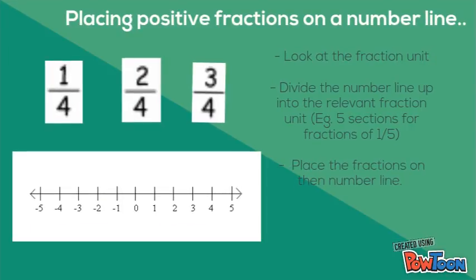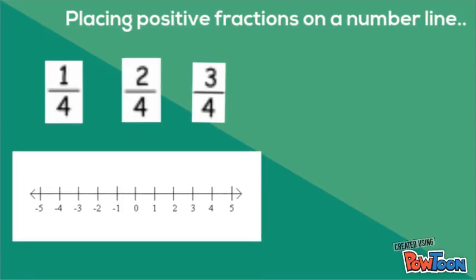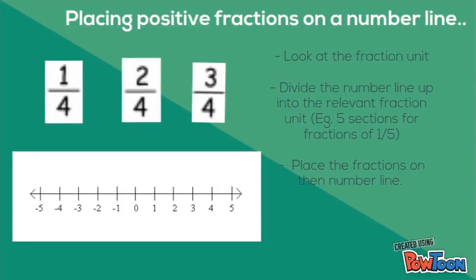Now that we've covered off our terminology, let's have a look as to how we place positive fractions on a number line. In the image below is a number line that has both negative and positive integers on it. To place the fractions we have below on the number line, we must first look at the denominator. Do the fractions have a common denominator?